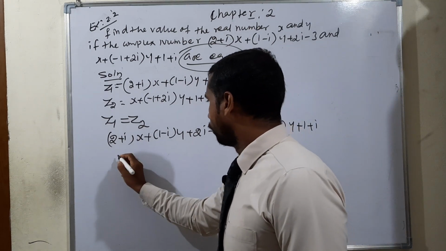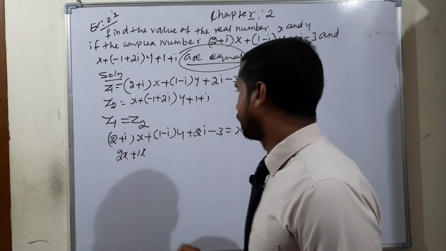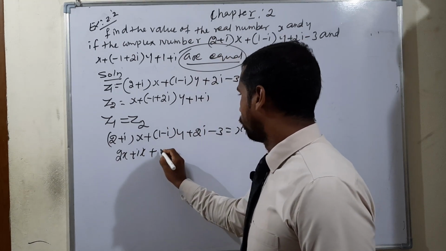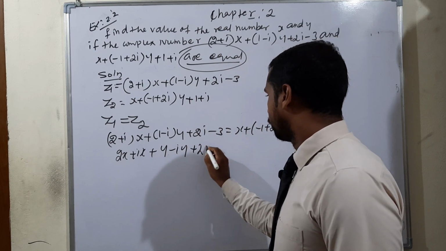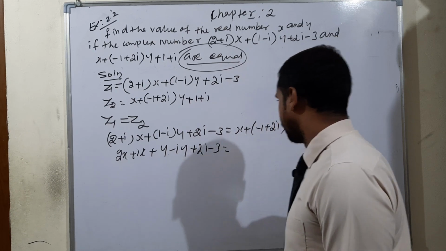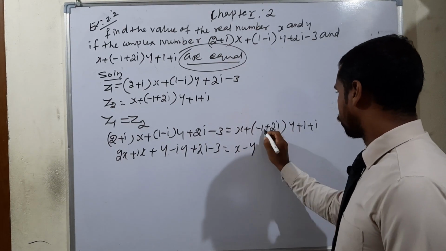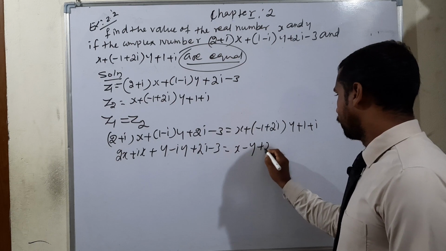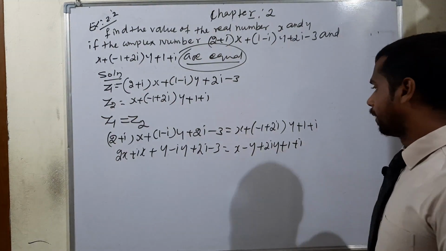Then if you remove the brackets, 2 into x, 2x plus ix, then 1 into y, y minus i into y, minus iy, plus 2i minus 3 is equal to x minus 1 into y minus y plus 2i into y, plus 2iy plus 1 plus i.